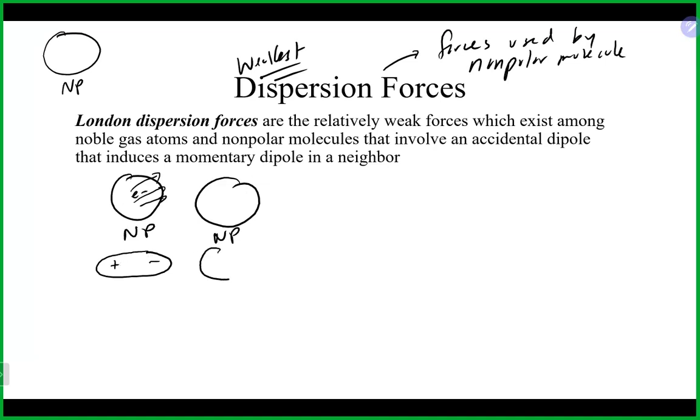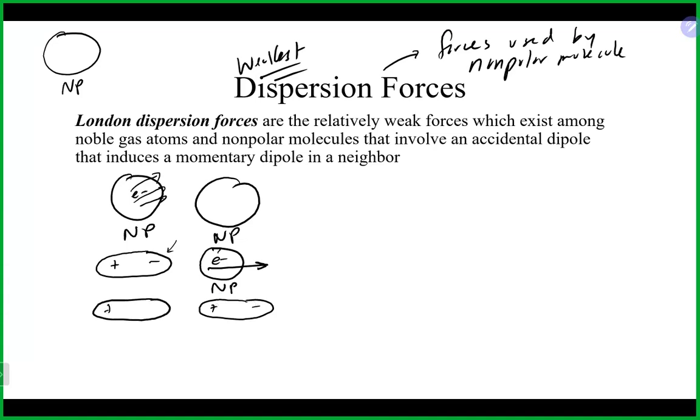If that is still next to this nonpolar molecule, the electrons in this one are going to go, I do not want to be next to that negative, I'm going to go this way. And it causes in the second molecule, which normally doesn't have any separation, a temporary separation of charge.